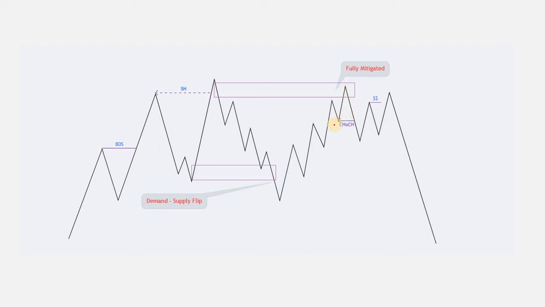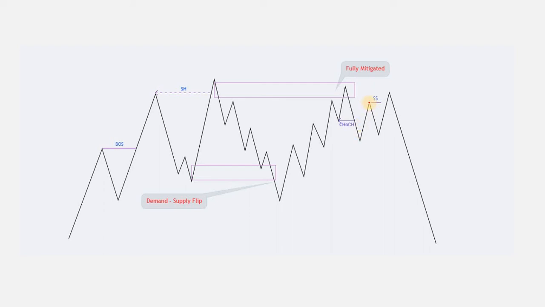So we have a change of character here, and the main point of this video is this part. We have a change of character, then we have this move upwards, this swing upwards, reaching this high.